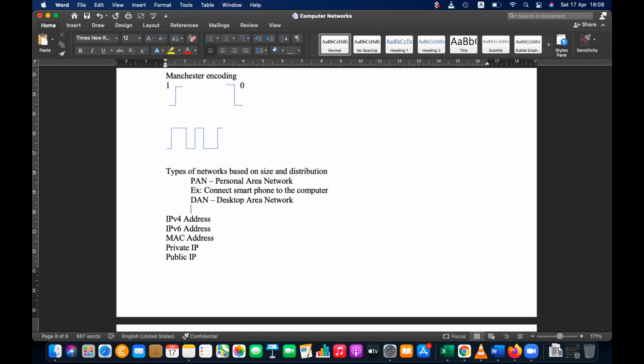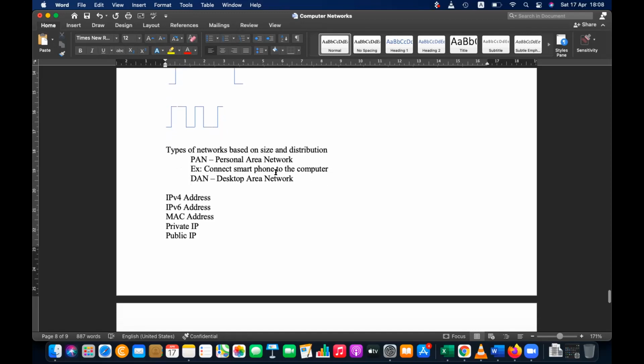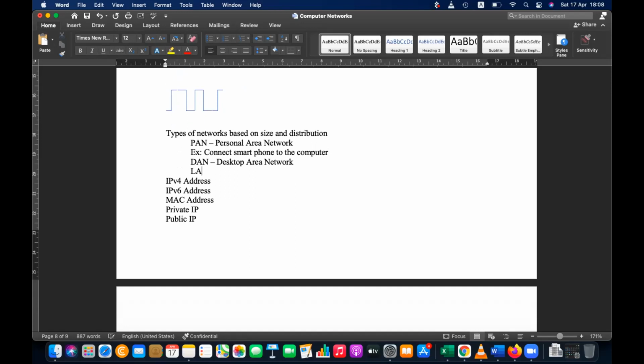Right, what is the second? Personal area network, or desktop area network, is number one. What is the second type of network? LAN, local area network. So what is the definition?